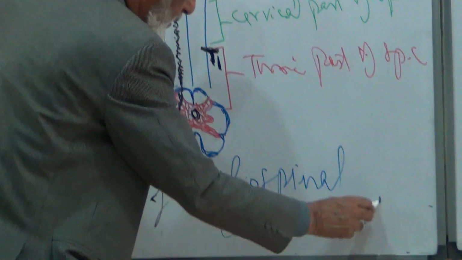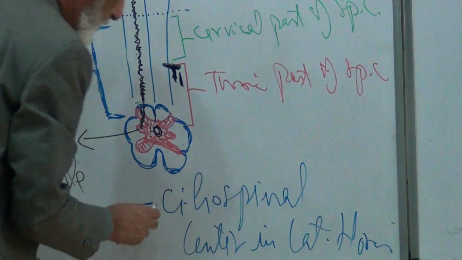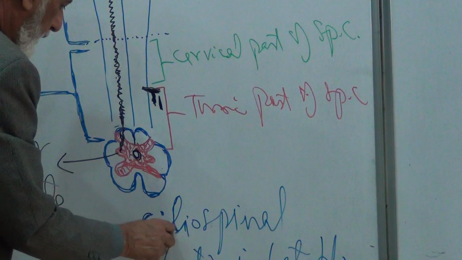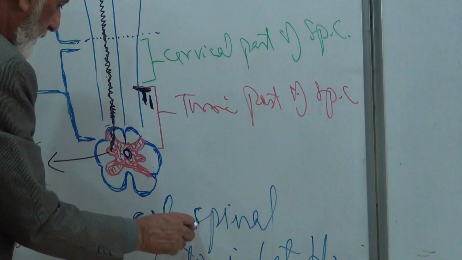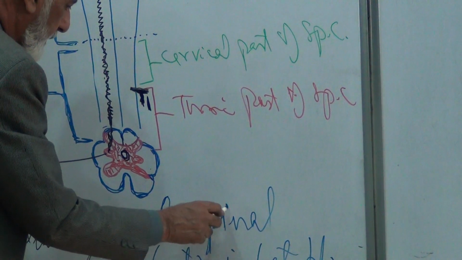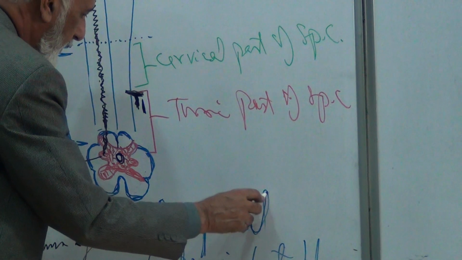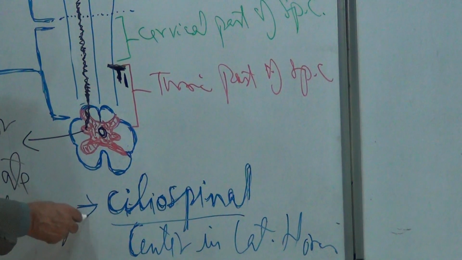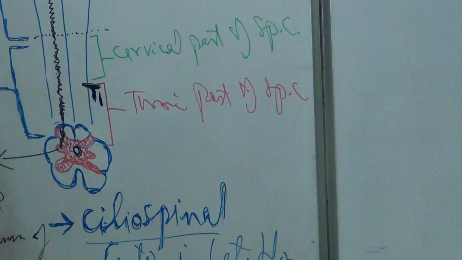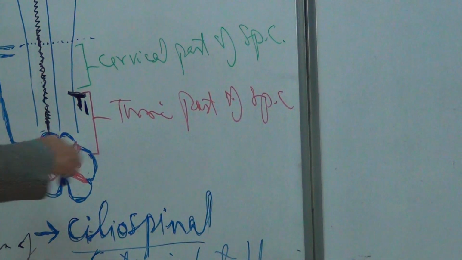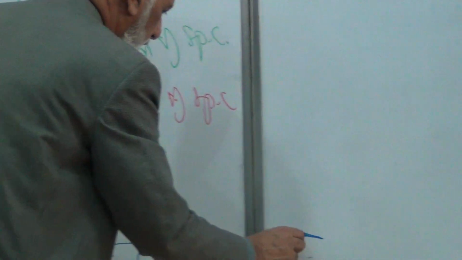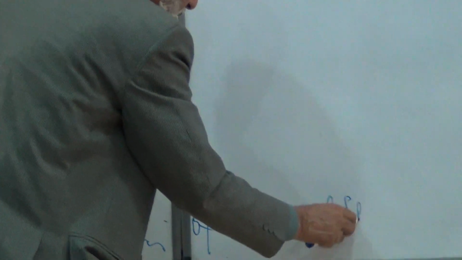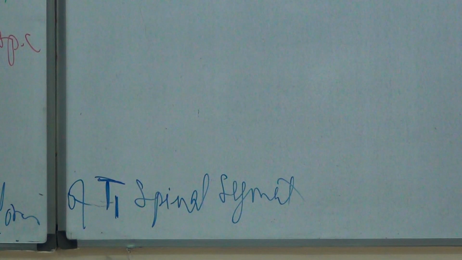In the lateral horn or lateral gray column, the ciliospinal center is located in the lateral horn of the T1 spinal segment of the spinal cord, thoracic 1 spinal cord.